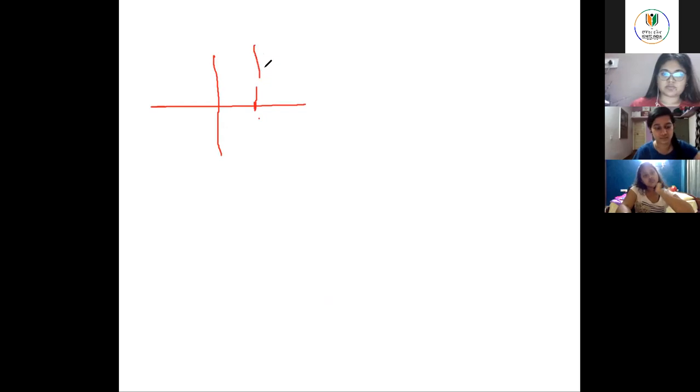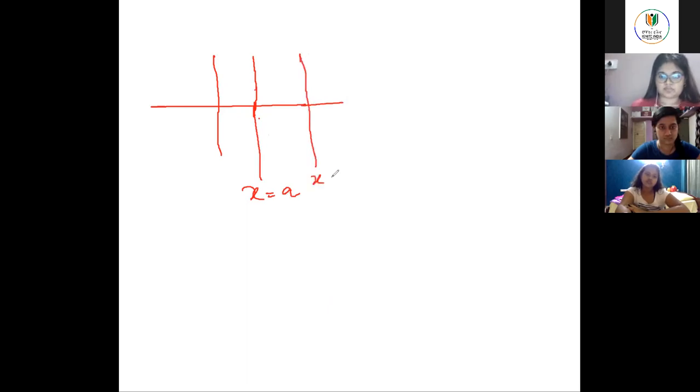My writing is not clear in this. So this is x is equal to a. Similarly, what is x is equal to 2a? That is 2a.